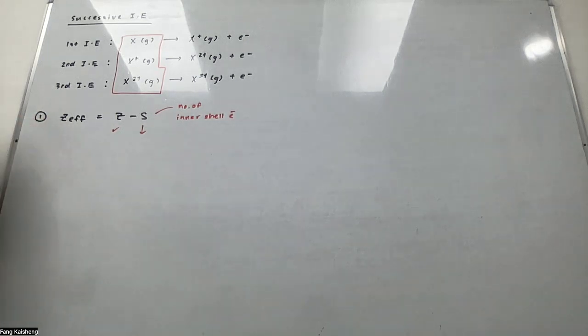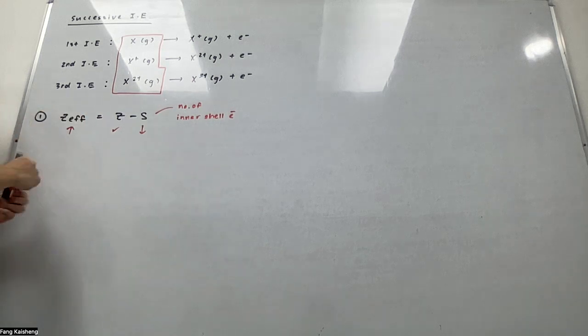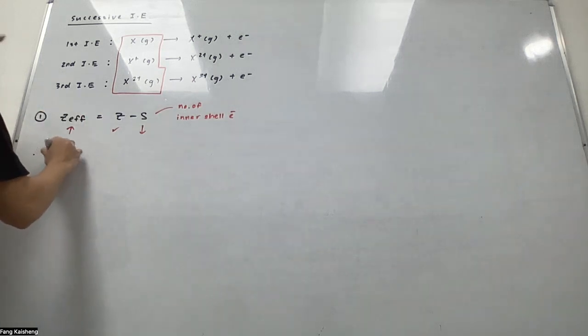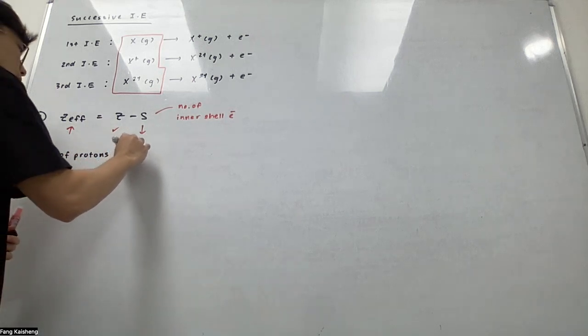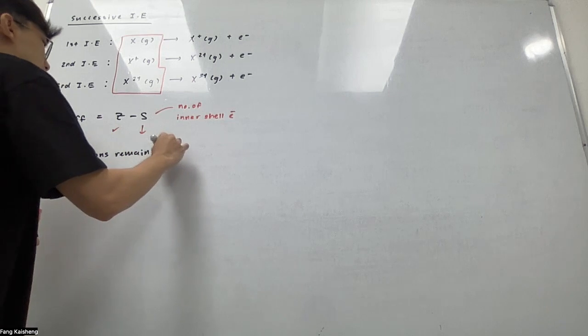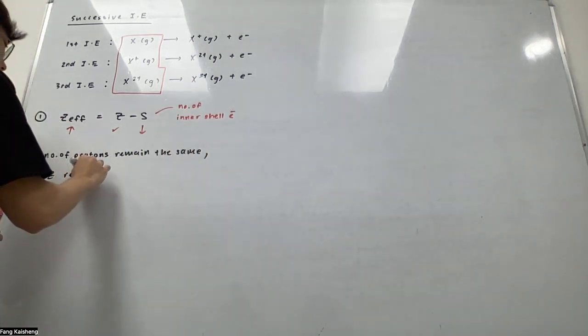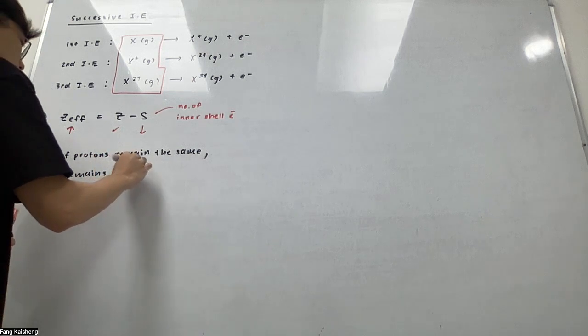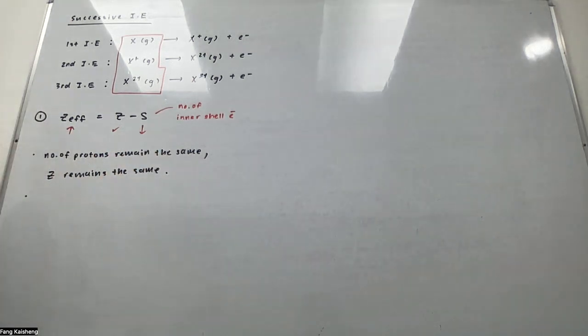What happens to the overall effective charge? It will increase, right? Now we just explain our answer. You can tell me the number of protons remains the same, so the nuclear charge also remains the same. Afterwards, we have shielding effect.